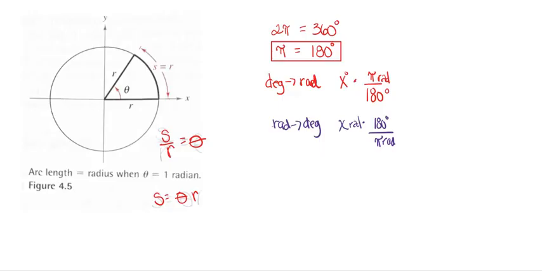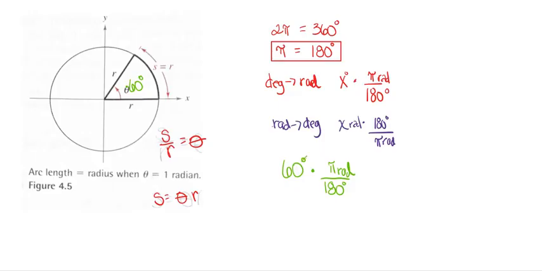Let's do an example. We did one in class, but I'm going to do it again here. Let's say that theta on here is 60 degrees, and I want to know what the radians are. I'm going to take my 60 degrees, that's my x, and multiply it by either pi radians over 180 degrees or 180 degrees over pi radians. But because I want to get rid of my degrees, I'm going to put that on the denominator, and pi radians on the numerator.